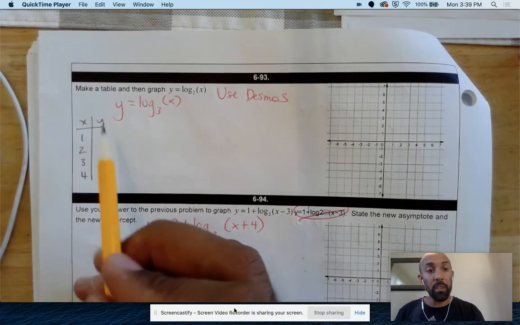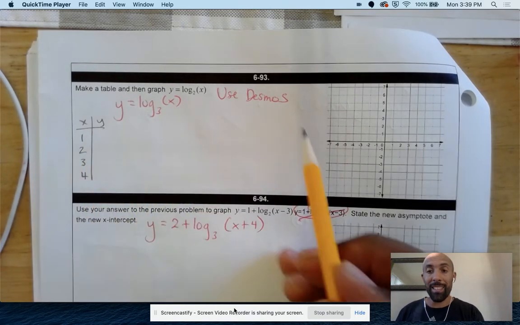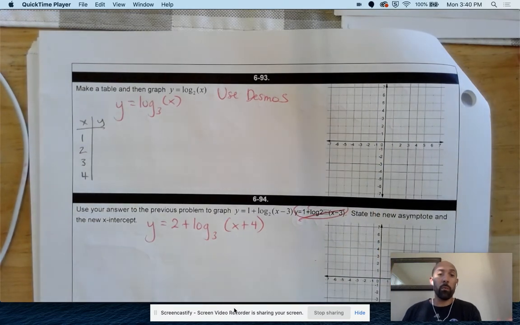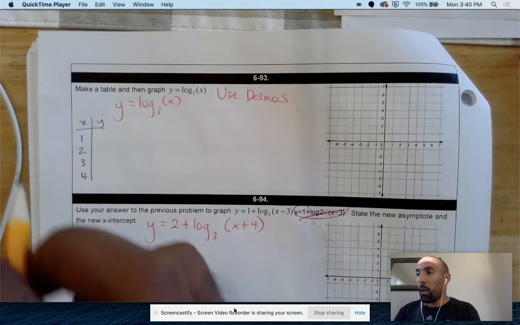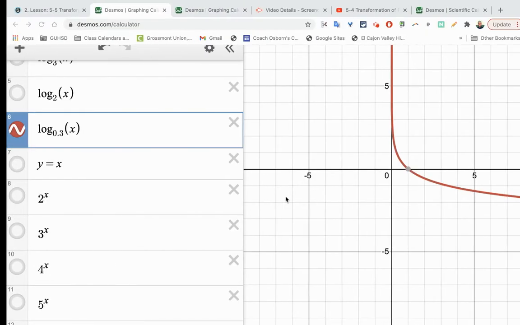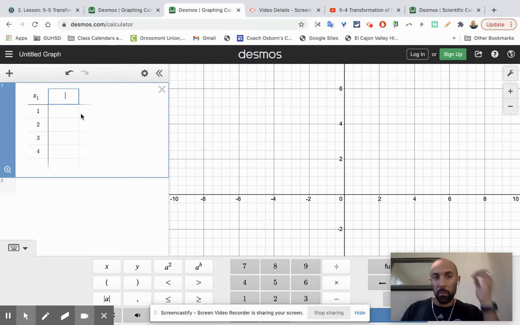The reason I didn't use 0, if you remember, for the parent function, at x equals 0 it's an asymptote, so it's not even part of the domain. So I have to use numbers bigger than 0. To find the values for those, if I plug in those numbers for these functions, I am going to use Desmos.